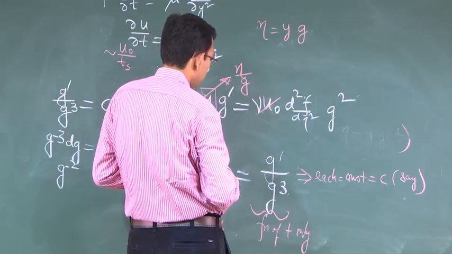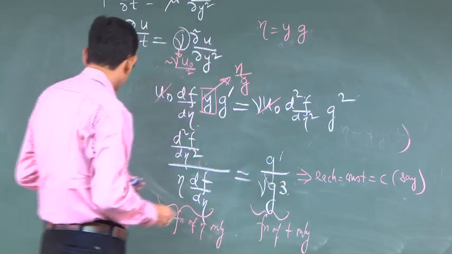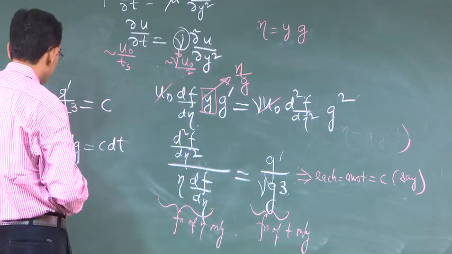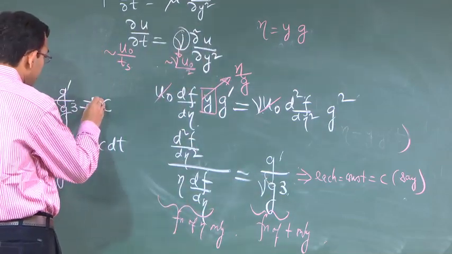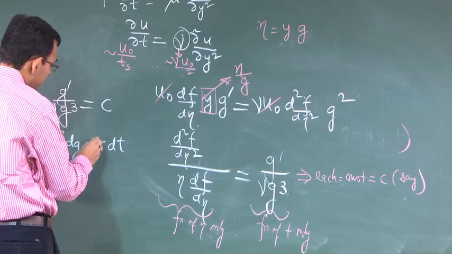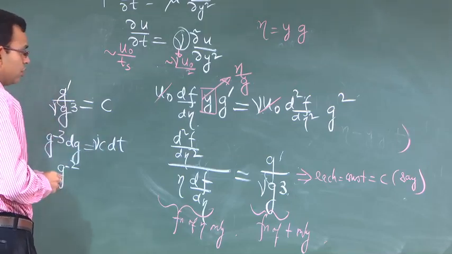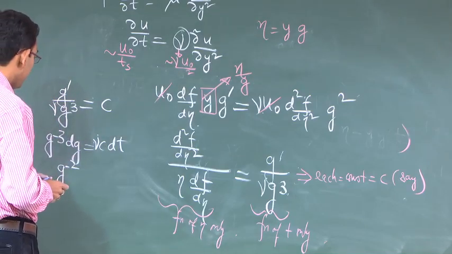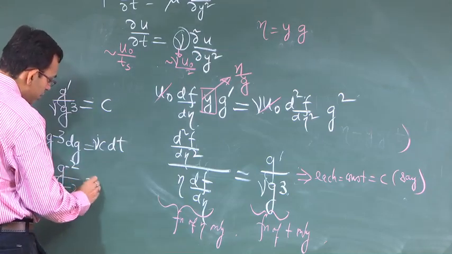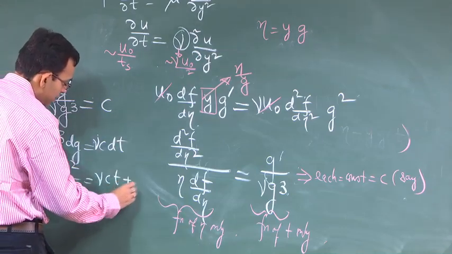So, this will be g dash by nu g cube. So, this becomes nu, this becomes nu. So, you have g to the power minus 2 by minus 2 is equal to nu c t plus c1.